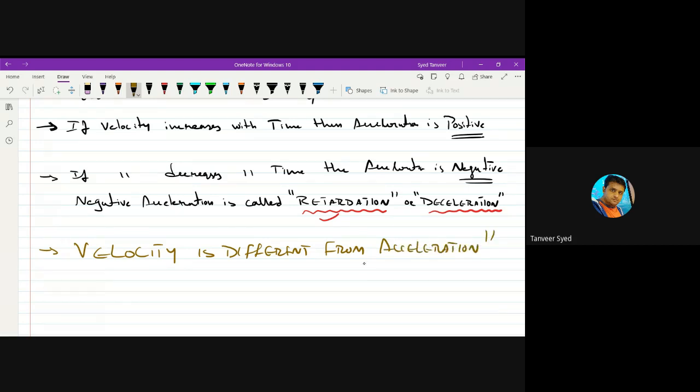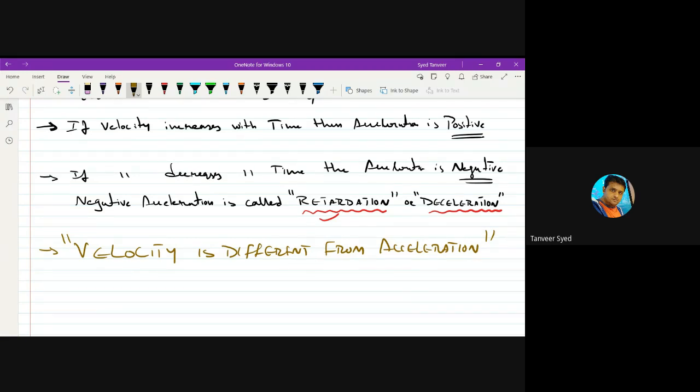Many students understand that acceleration means greater velocity, which is not correct. Acceleration is not velocity. If a body has more velocity, it's not like it has acceleration. It is not at all that. The rate at which velocity changes is acceleration. They are completely different from each other.